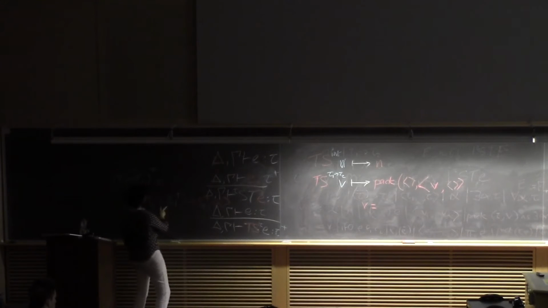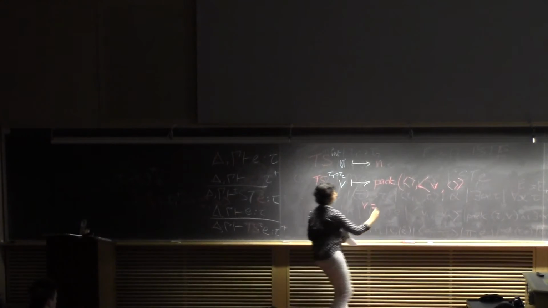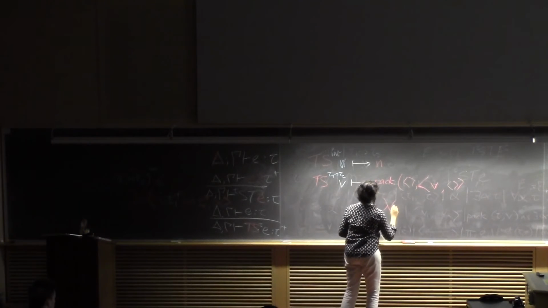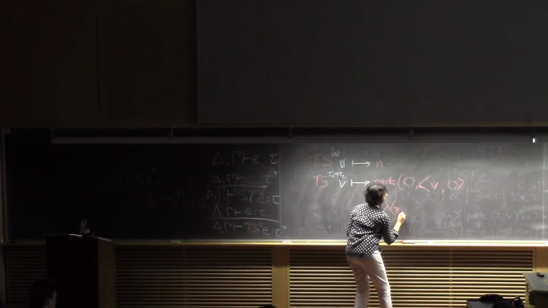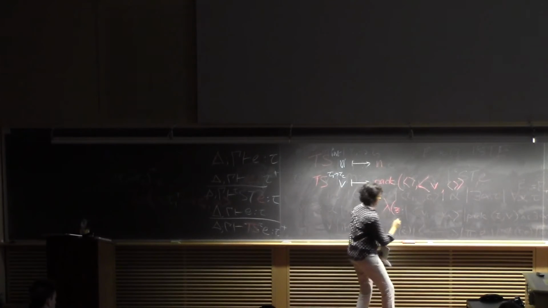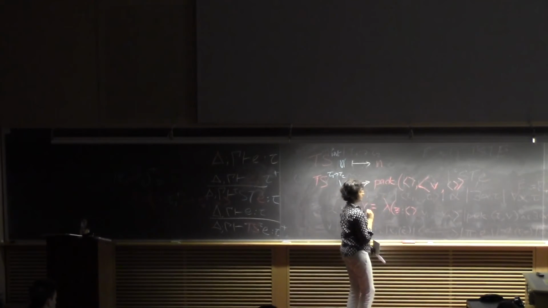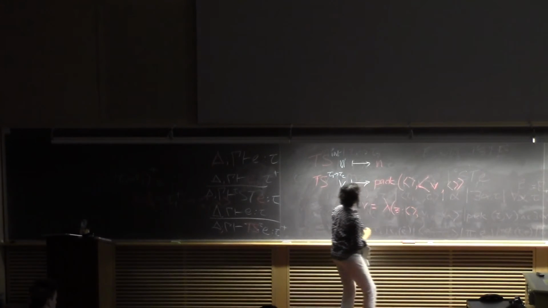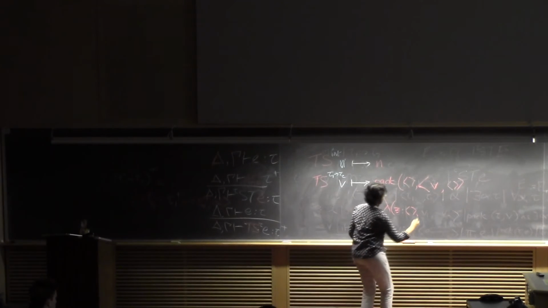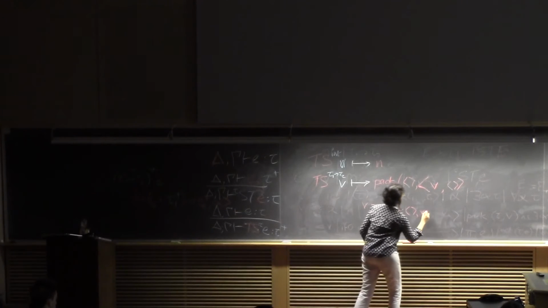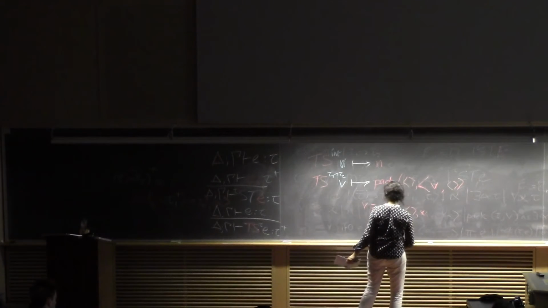OK, so what does this function have to do? Well, it has to take two things. What's the type of the first input? Right, empty. And the second one? Some red X. Look at that type.